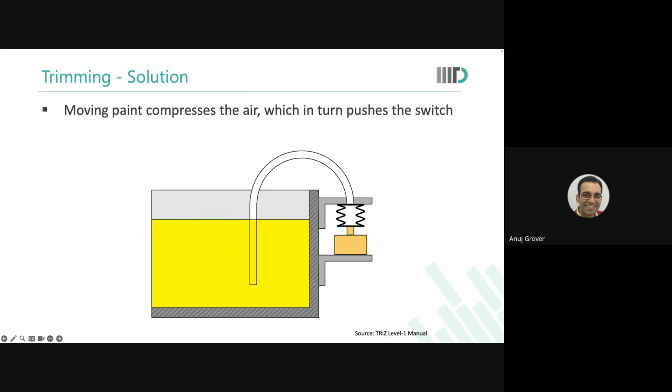You have some noble gas put in there, छोटी सी amount में, and as the paint increases, the pressure increases, that pressure switches off the lever, switches off the motor. Huh?